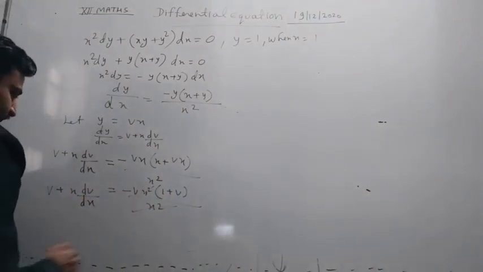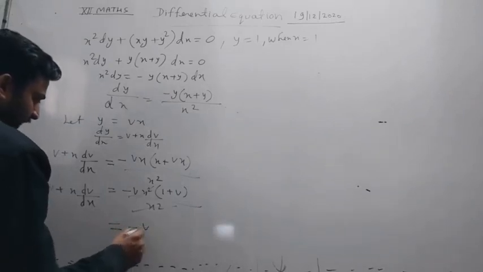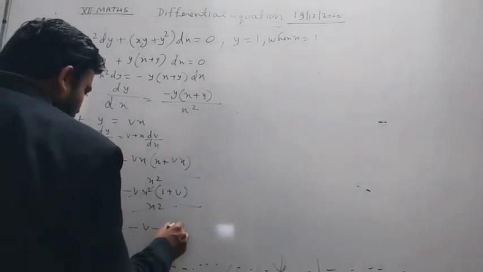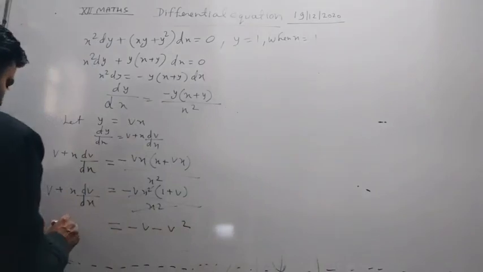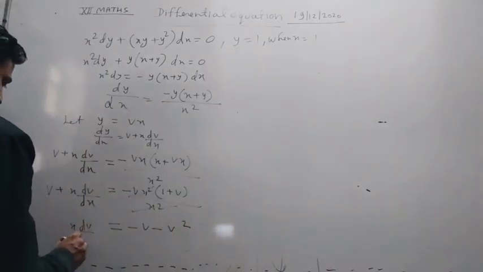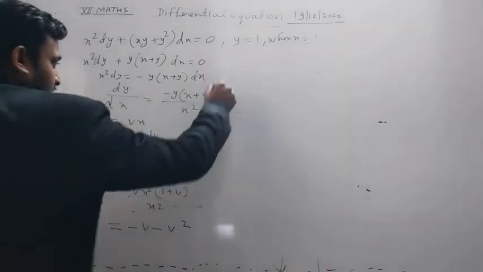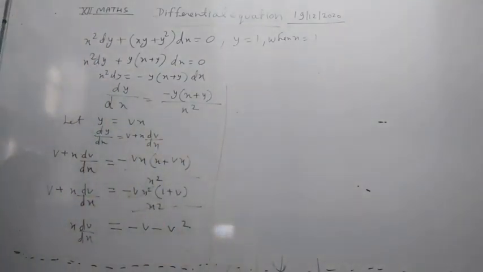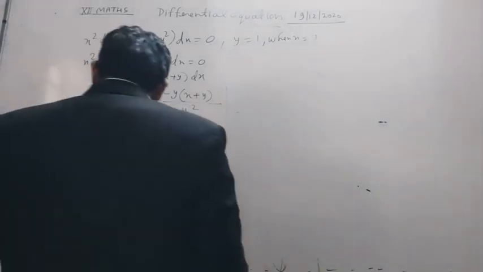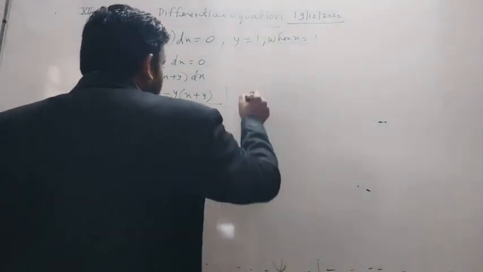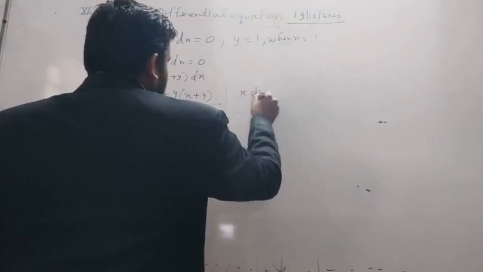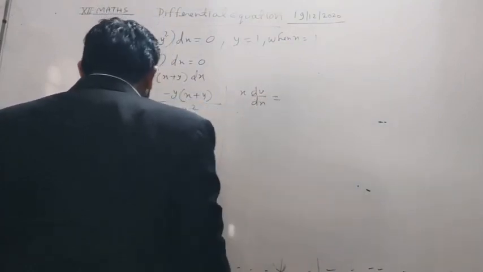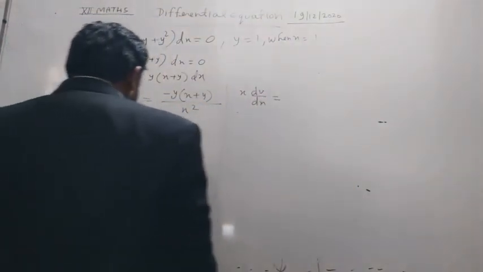Okay student, so minus v square and x dv by dx. Now x dv by dx is minus v square.